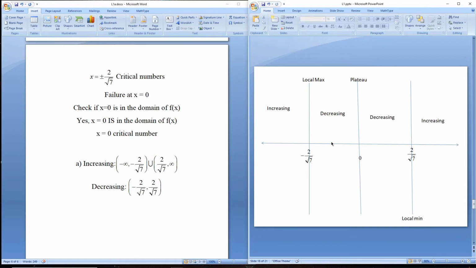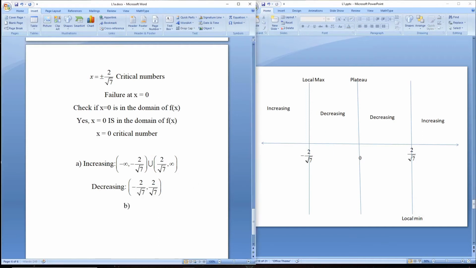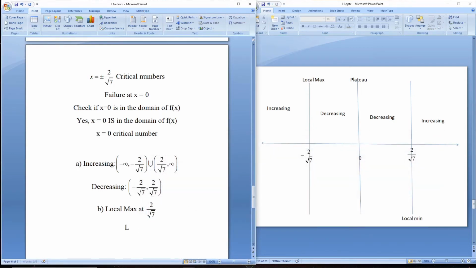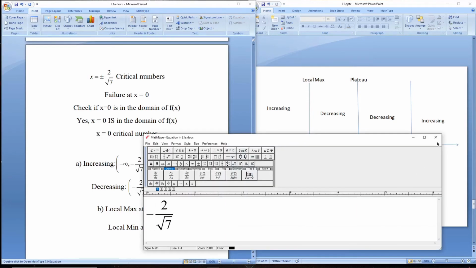And so we have two local extrema. We have a local max at x equals, oh, I'm going to have to use equation editor for that one because of the square root there. And we have a local min at the positive value of that.